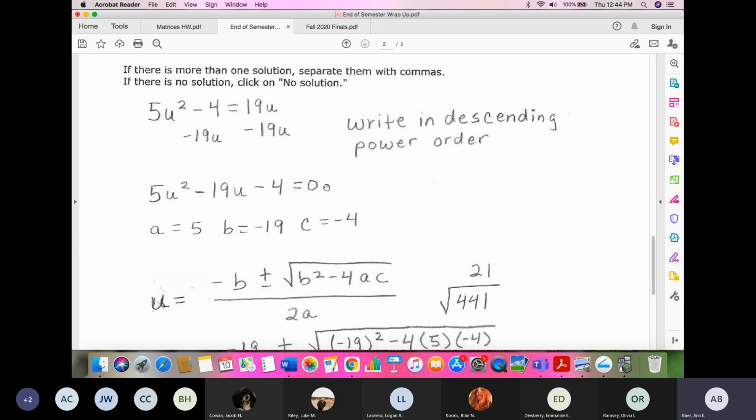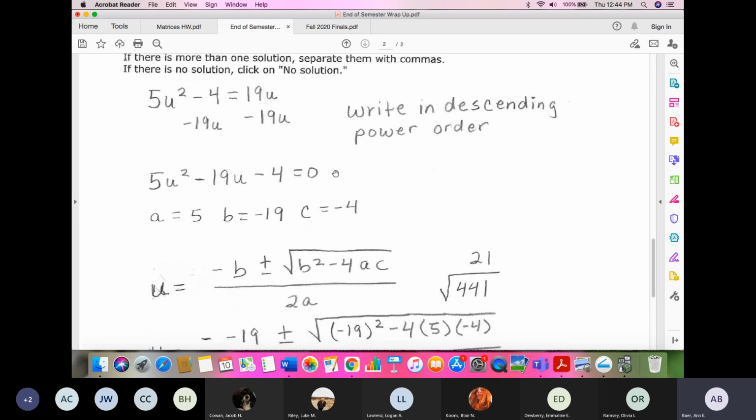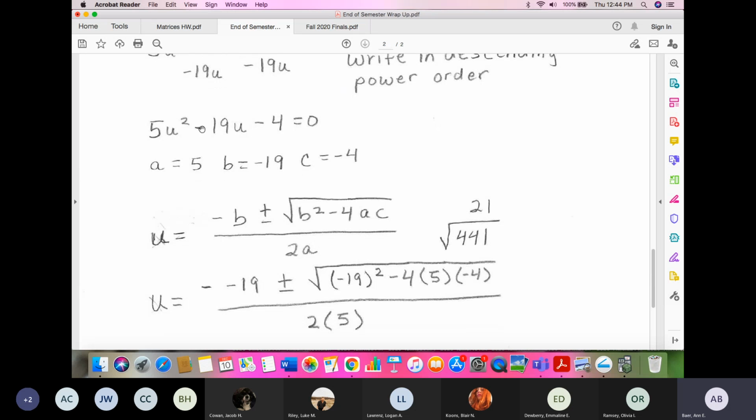I wish I had time to take a poll, but in this case, I think it's nicer to use the quadratic formula. It's not too bad. You want to identify your A, B, and C, and that's one reason we write this in descending power order, so we don't mix up our numbers with our letters.